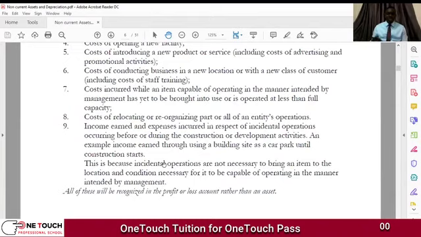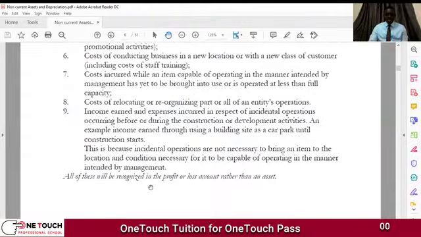An example is income earned from using a building site as a car park till construction starts. This is because incidental operations are not necessary to bring an item to the location and condition for it to be capable of operating in the manner intended by management. All of this will be recognized in the profit or loss account rather than capitalized as an asset. I hope you're together.